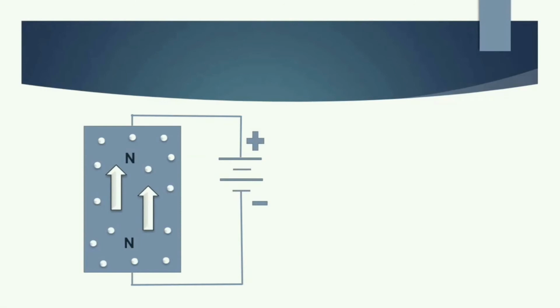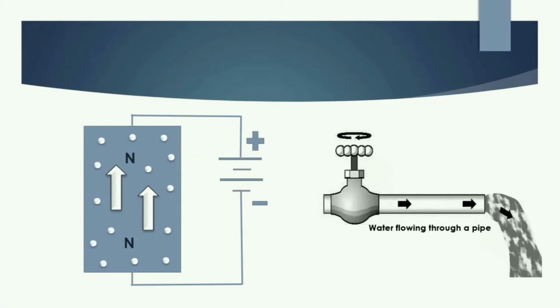This resembles the pipe through which water was flowing. Here there is a flow of electrons instead of water. In this case, this terminal is the source of electrons and this point will be considered as the drain point.